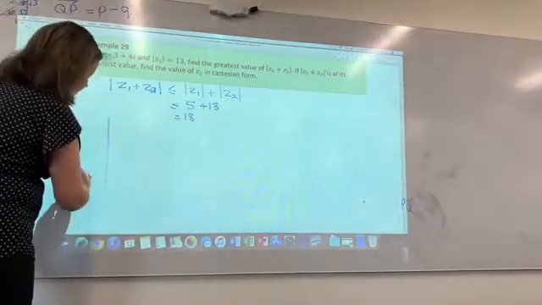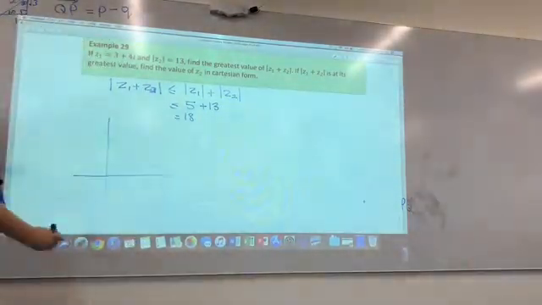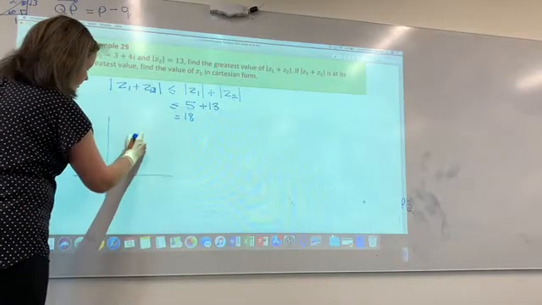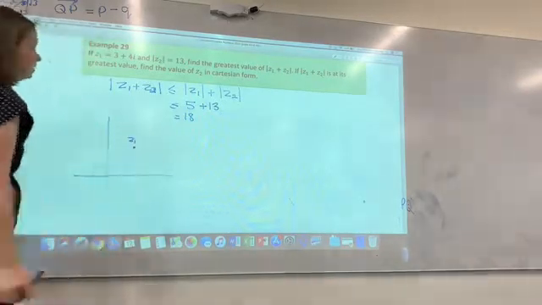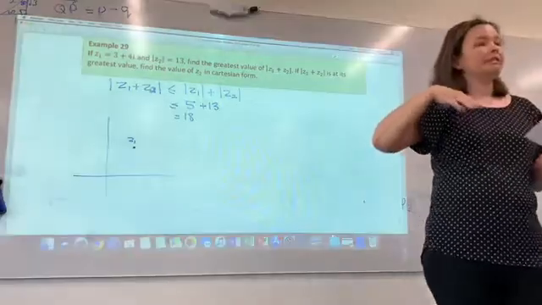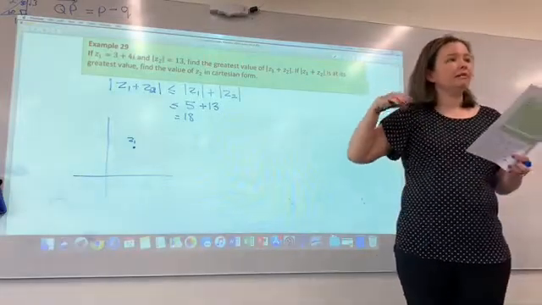Okay, so if we've got 3 plus 4i, that's here somewhere, call that Z1. If it is at its greatest value, what does that mean if it's at that limit with Z1 and Z2? We talked about it before with the triangle. What happens if they are at that greatest point and they are equal?